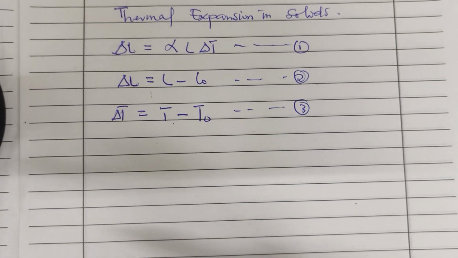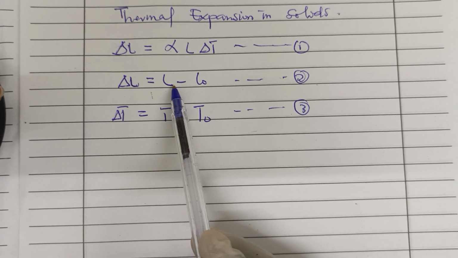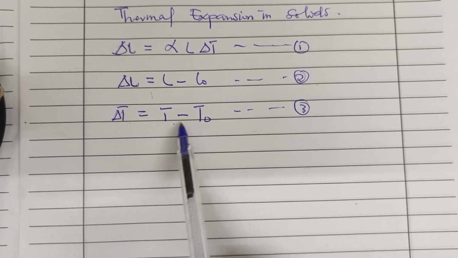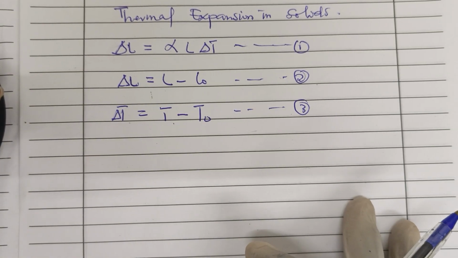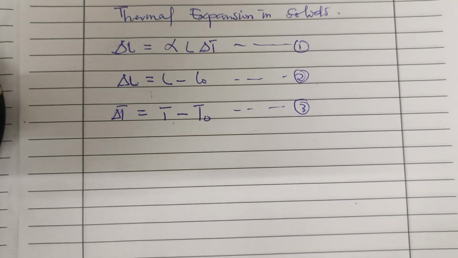Now for change in length, it should give us the final minus the initial, which is proportional to the temperature. This can be related to Charles' law, which tells us that the volume of a gas is proportional to the temperature at a constant pressure.